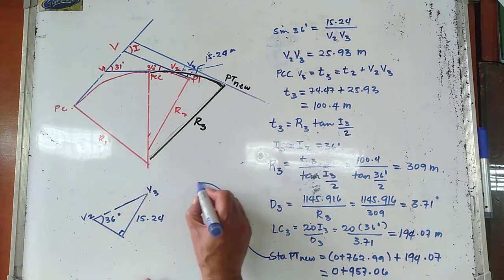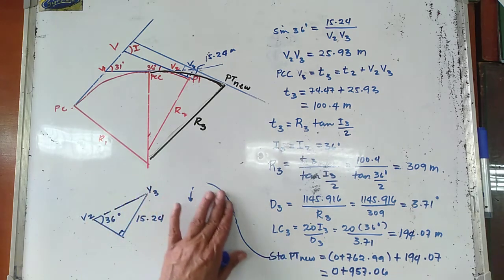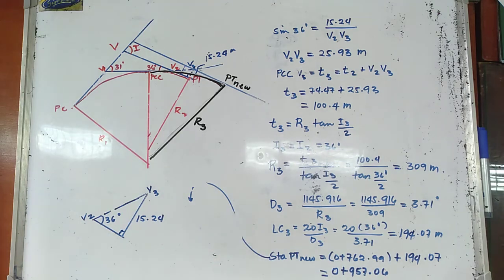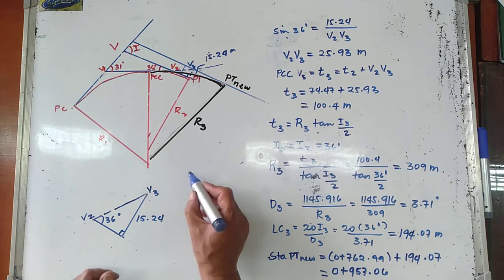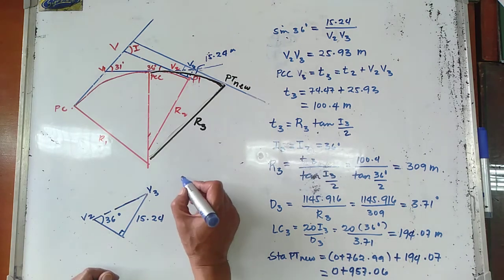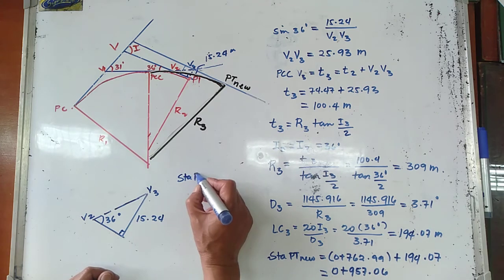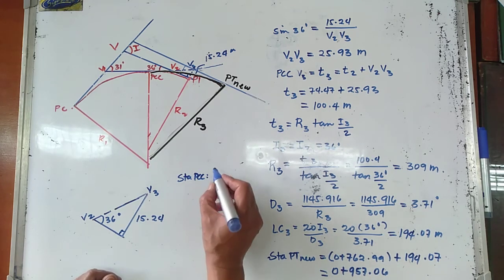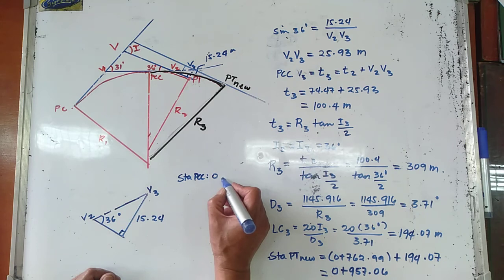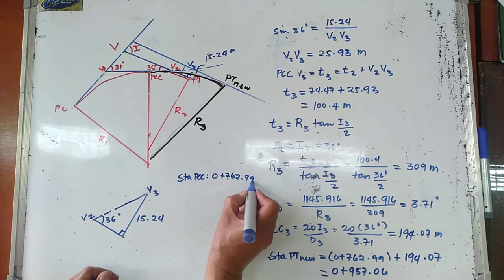So this is just like this one in here. If I'm going to place it in here now, I'm just going to place it there because there's no more space. So now that has been derived from here. So your station PCC is 0 plus 762.99.